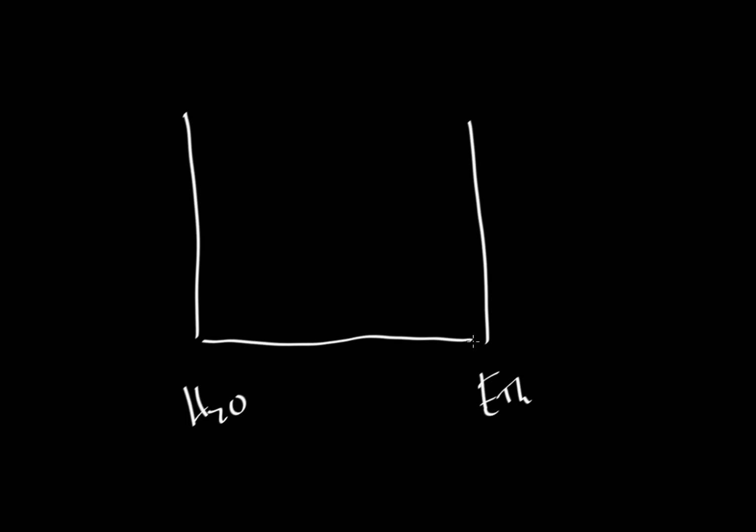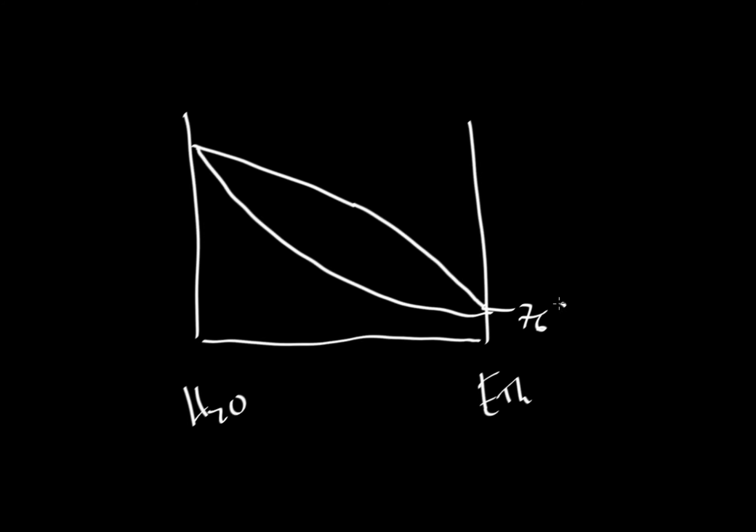So we'll have pure H2O over here, and pure ethanol over here, and this vertical axis that represents these mixtures, and then we'll have a curve. This is not meant to be a straight line. We'll try to make it curve a little bit more, and then another curve down here, and this temperature is 76 degrees centigrade, and this temperature is 100 degrees centigrade.